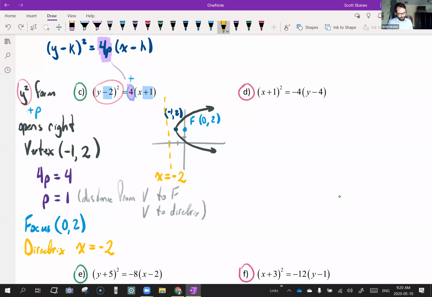Yes, thank you, Kevin. Yes, it's x squared form. Absolutely, it's x squared form.